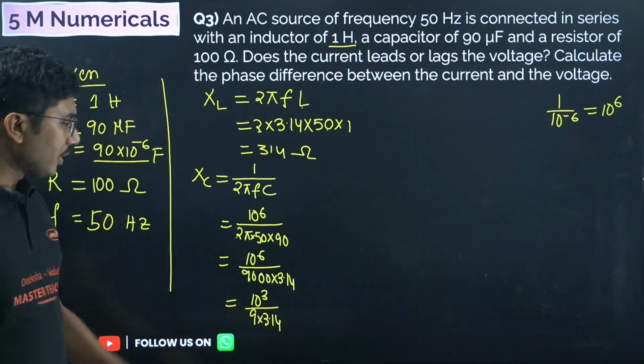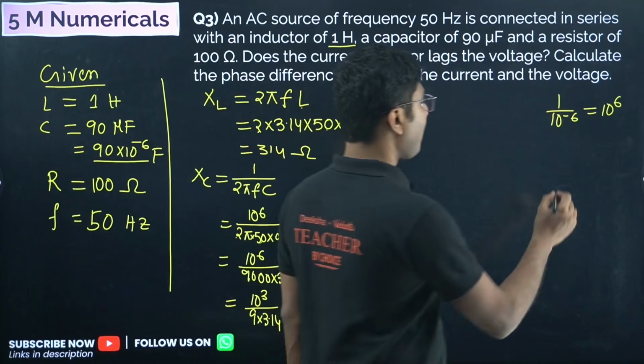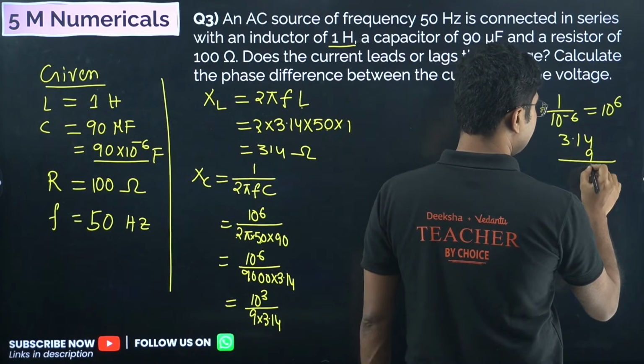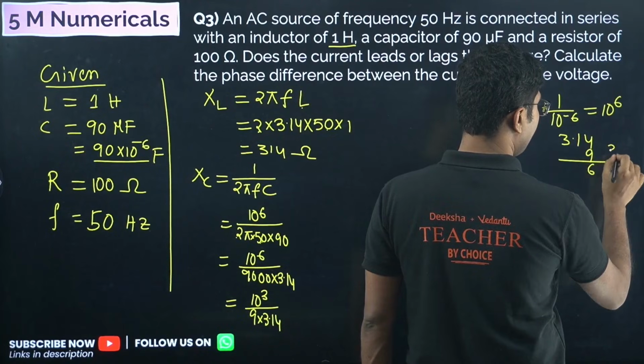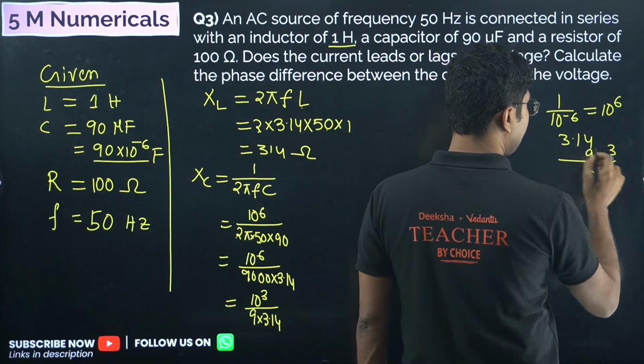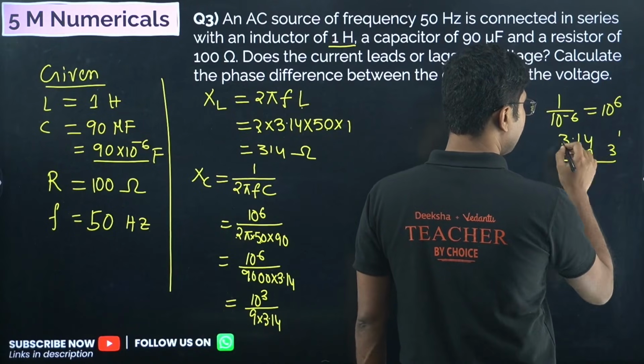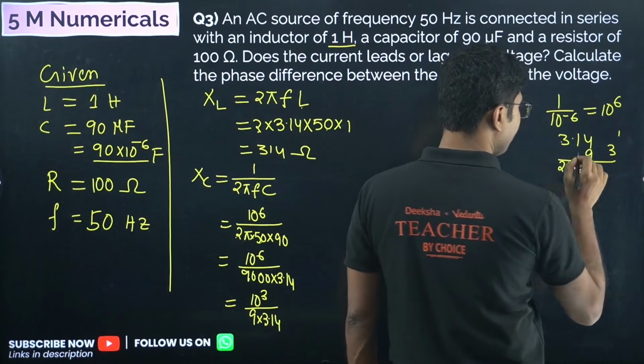Okay, so 3.14 into 9: 9 ones are 9, 2, 12, carry 1, 3 9 27, 28, so 28.26.